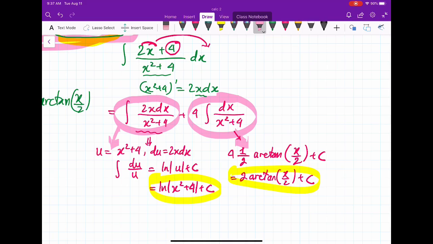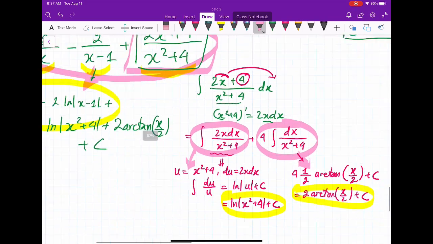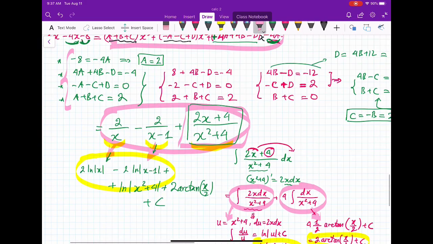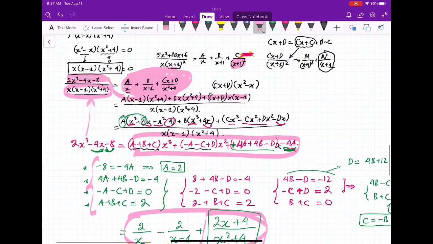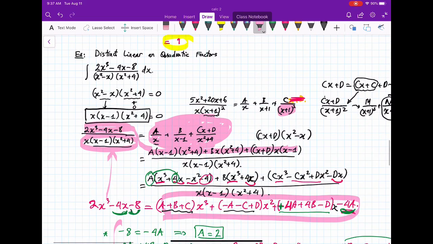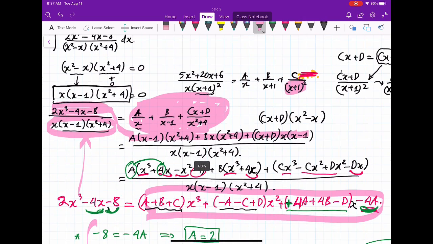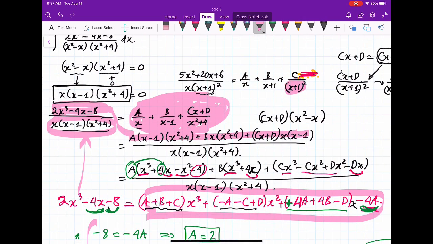You see, it is very long, but I think the idea is clear enough, right? So you need to factor your denominator, and then write this form, and just follow step by step. You can solve such integrals easily.